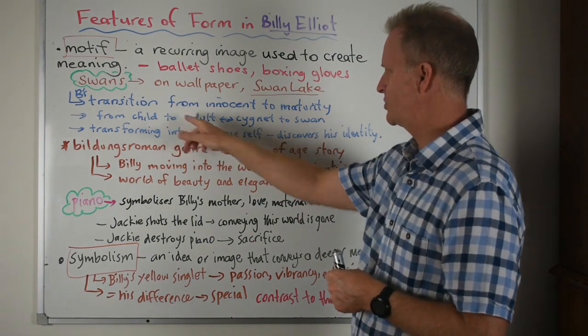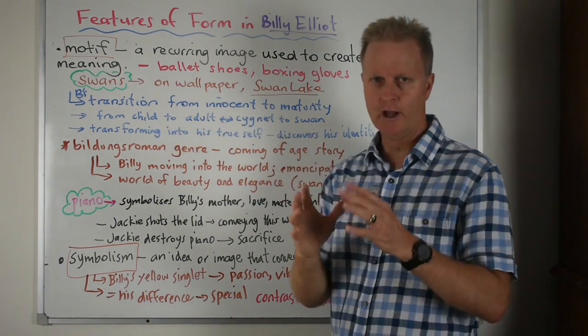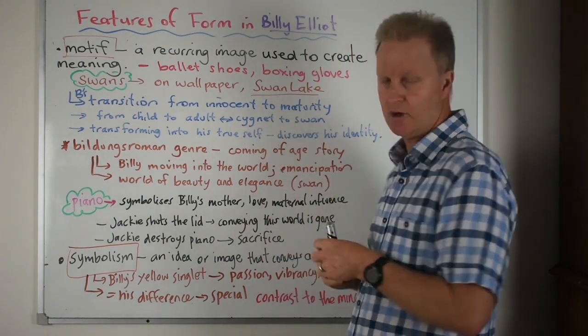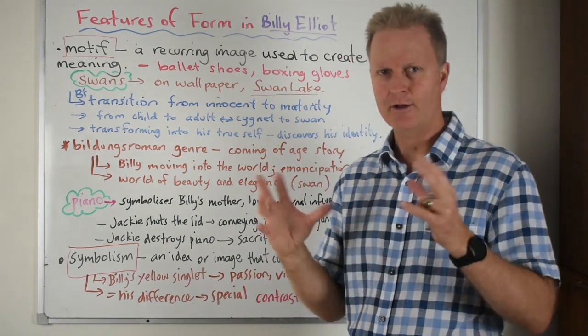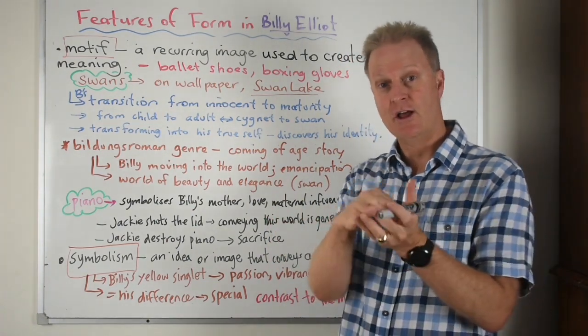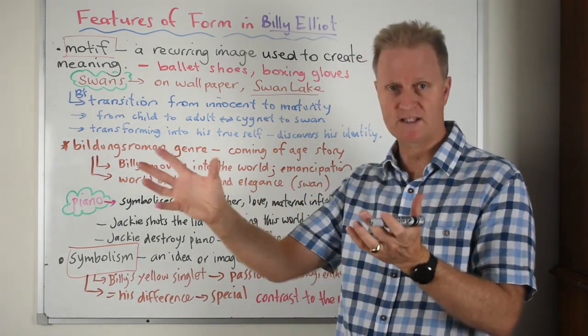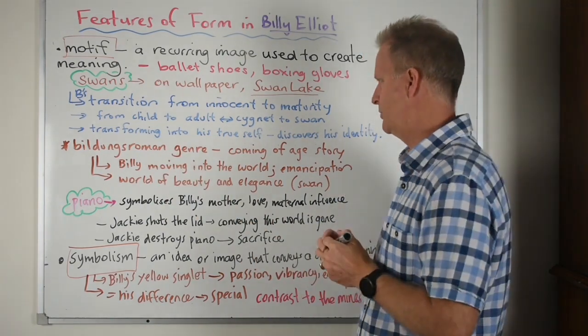So we see him move from a child to an adult, much like the cygnet transforms into the swan. So you've got that sort of like the ugly duckling, quite rough around the edges in that story, and then transforms into the beautiful swan.